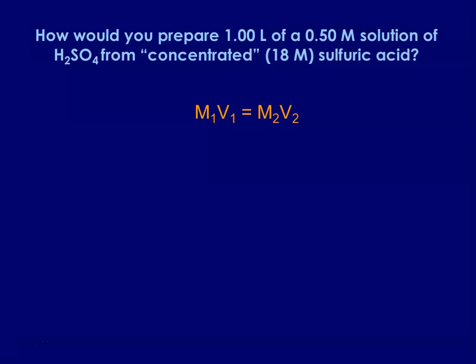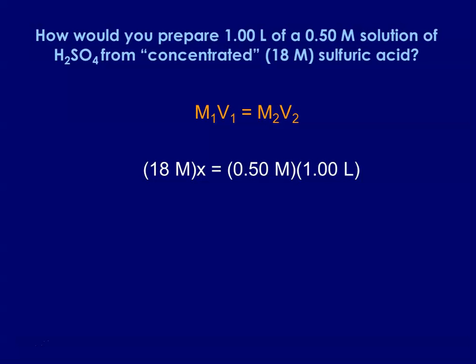We know the diluted solution's volume and molarity, 1 liter and 0.5 molar. And we know the stock solution's concentration, 18 molar. So if we use those pieces of information, we should be able to determine how much of that stock solution we're going to need to measure out to prepare the 0.5 molar solution that we want 1 liter of.